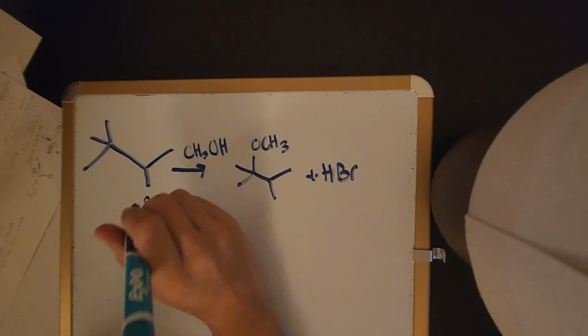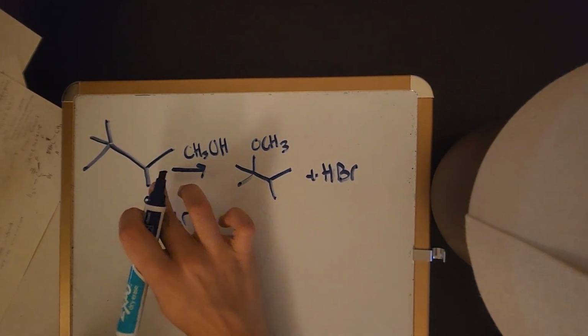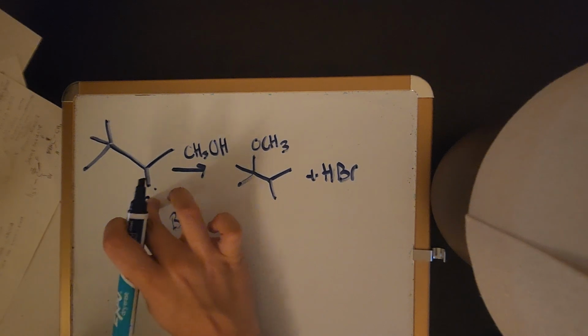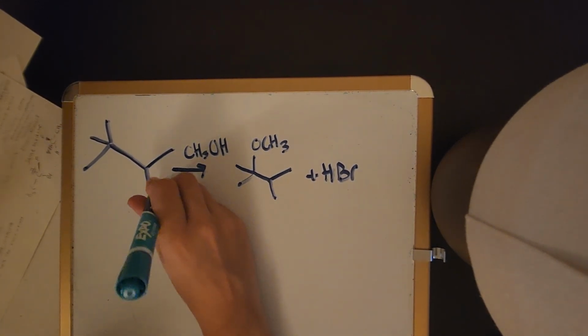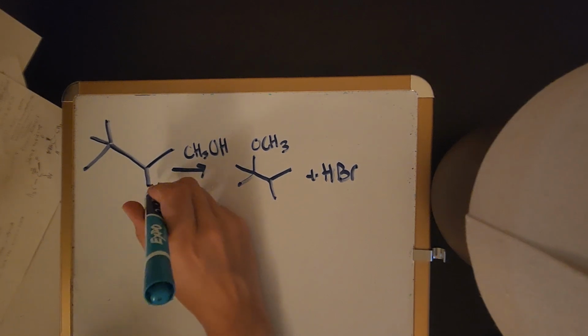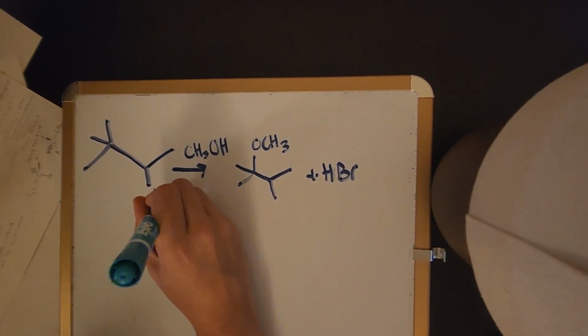In this case, Br gives its electrons and becomes Br minus. This is going to form plus. Actually, we're going to want to show all of this work, so Br.